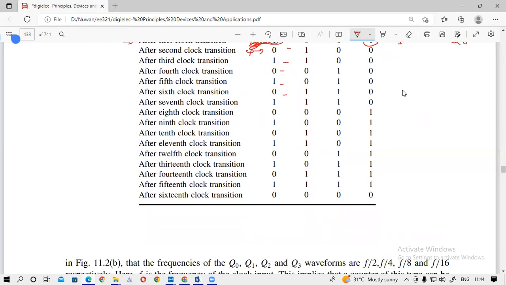In any case, after the 15th clock cycle, it will return to the initial one, 0 0 0 0. I think this one is also clear for you. You can see the waveform also.